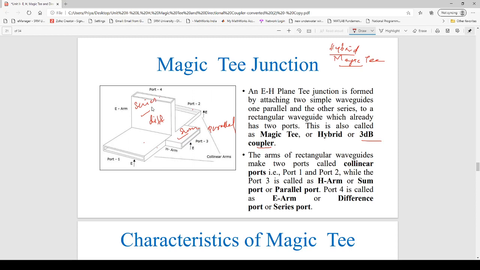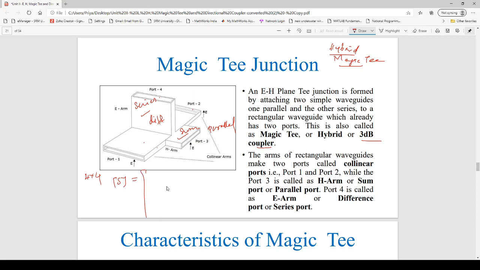Now because it has 4 ports, we can write a square matrix of order n cross n, so 4 cross 4. What are the possible parameters?